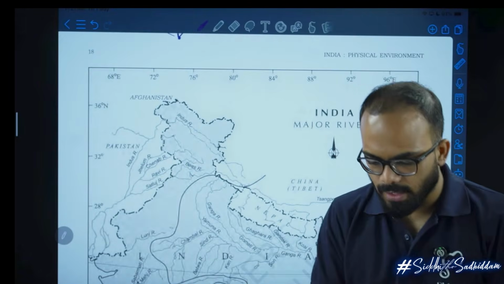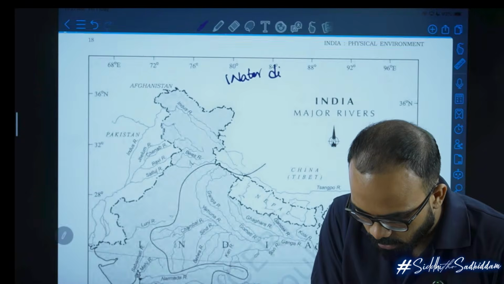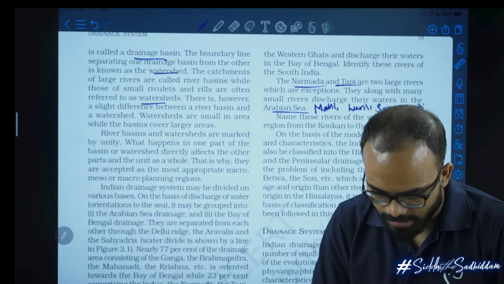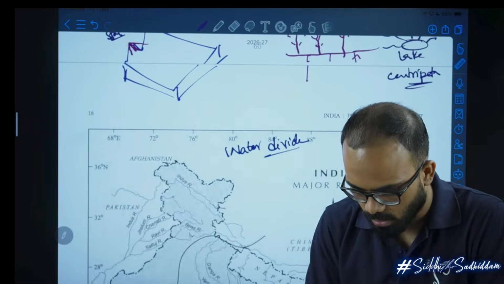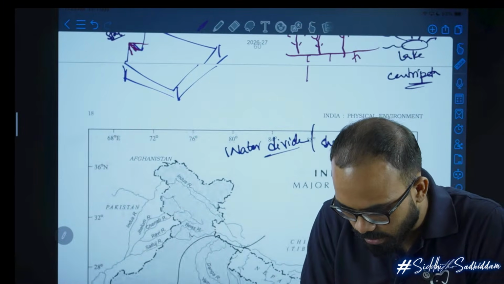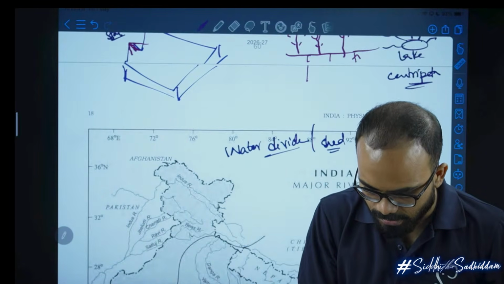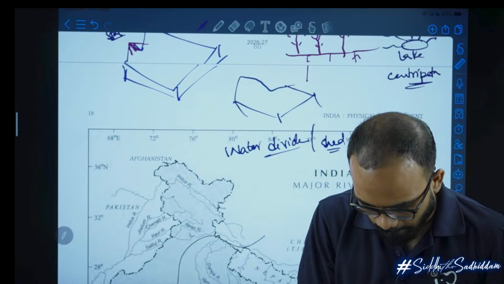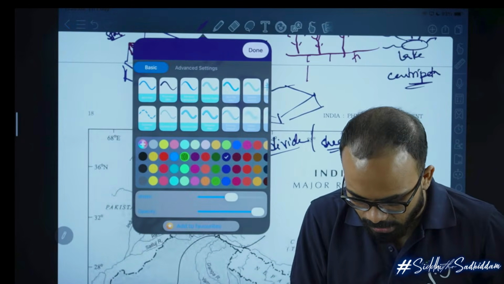Now the first word that you need to understand is the water divide. Water divide of India. NCERT says water divide, or you can also call it watershed. Let us consider that this is a hill block. Now there are two different riverine patterns.